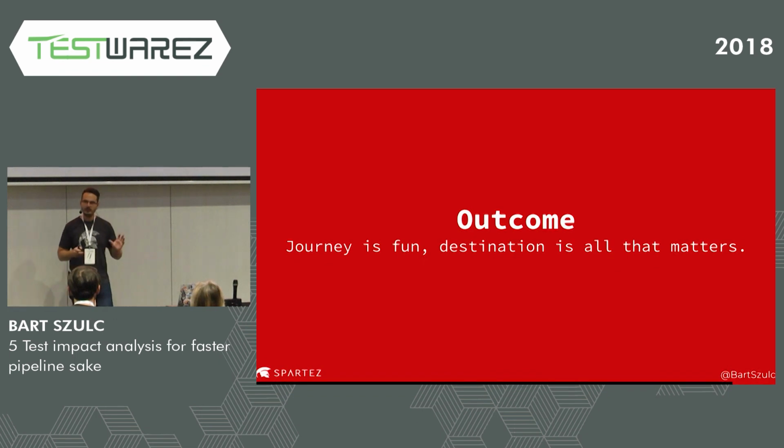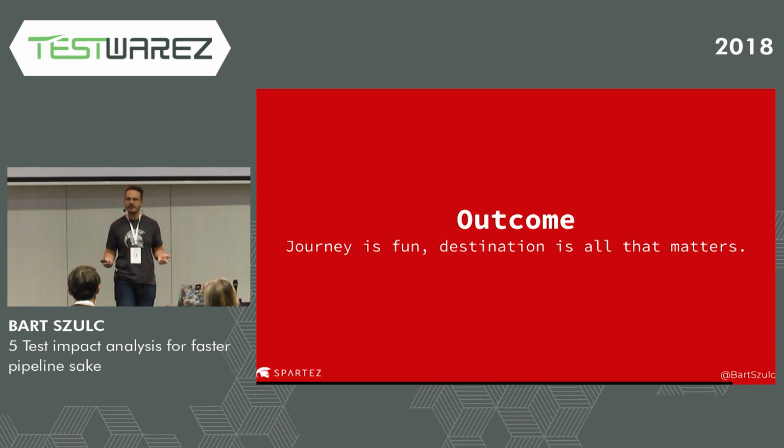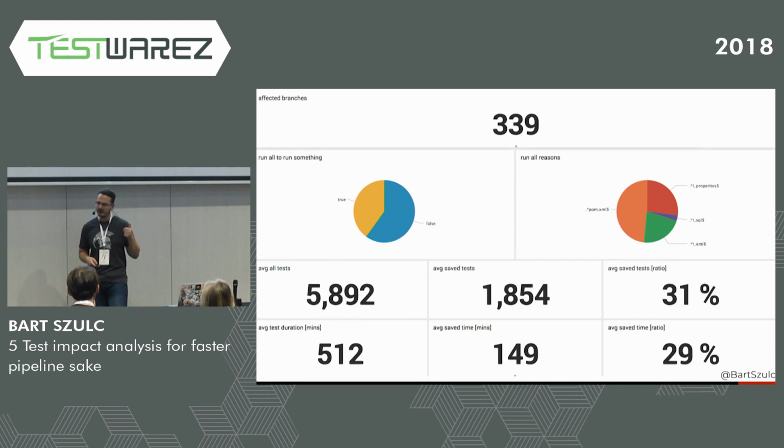Okay, so I explained to you what was the problem that we were trying to solve, what kind of solution we decided to do, and how we delivered it to our production, to CI. Now the outcomes: were we successful? What you see here is a dashboard that we usually use to find out how much time we are saving with test impact analysis.